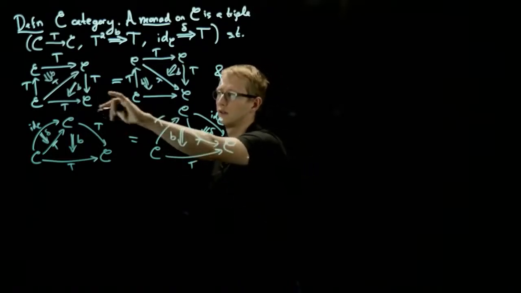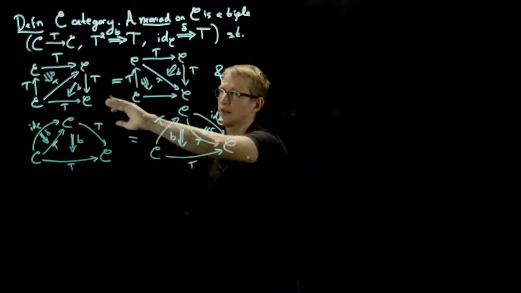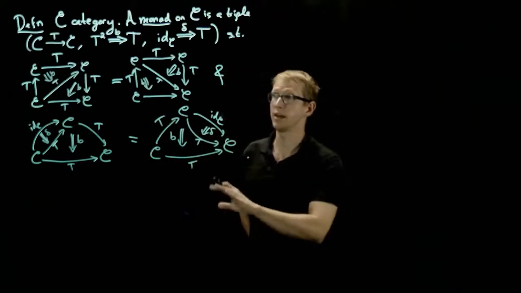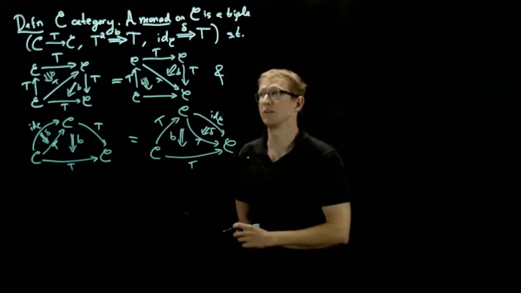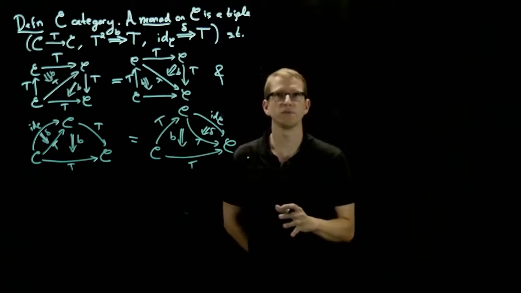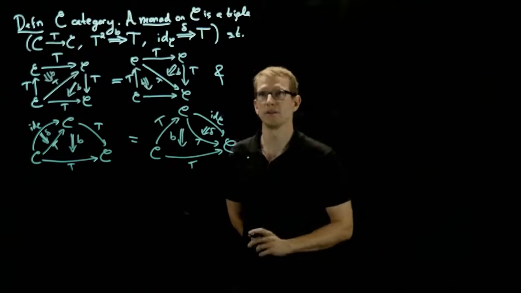Or in other words, this diagram equals this one, and this one equals this one. So this is a very abstract way of writing down a monad purely in terms of pasting diagrams. I think it's going to be very helpful if we go through an example to see what all of this means.